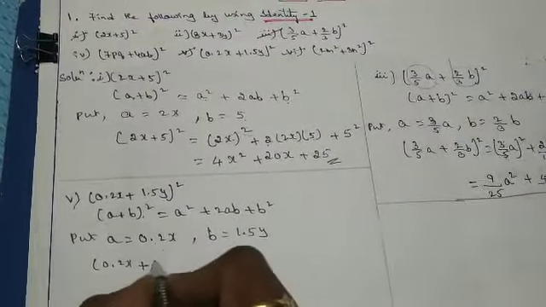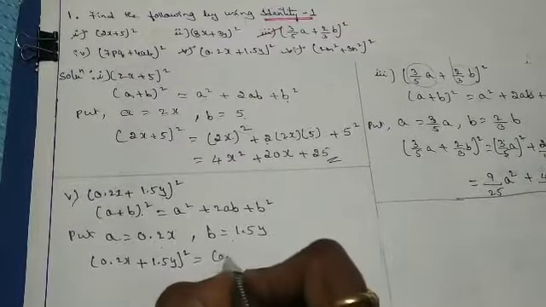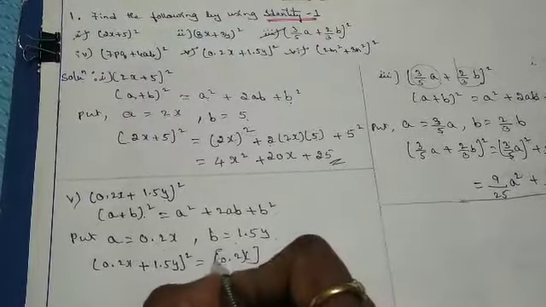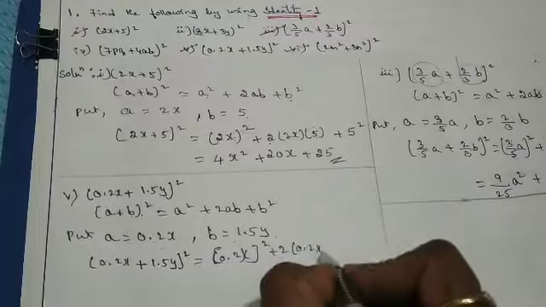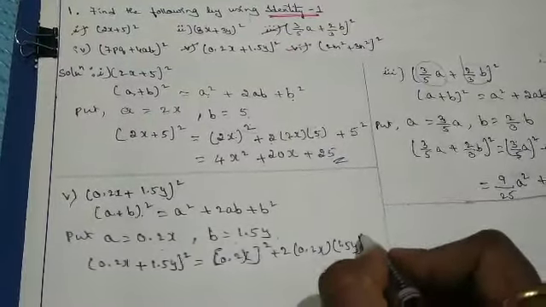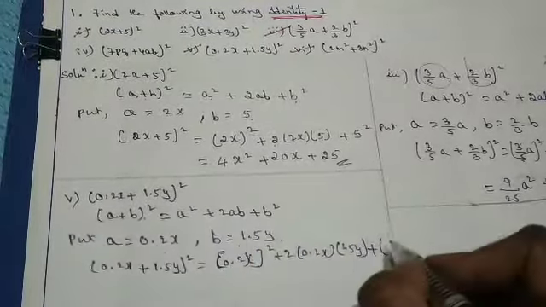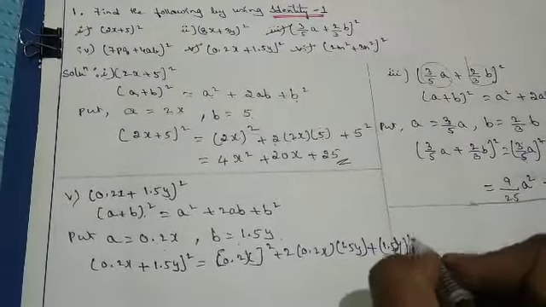(0.2x + 1.5y) whole square is nothing but (0.2x) whole square plus 2 into 0.2x into 1.5y plus, then b square value, 1.5 whole square.